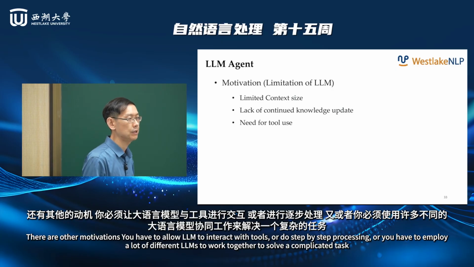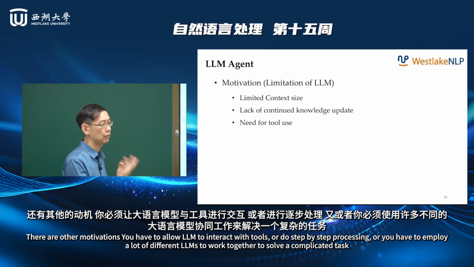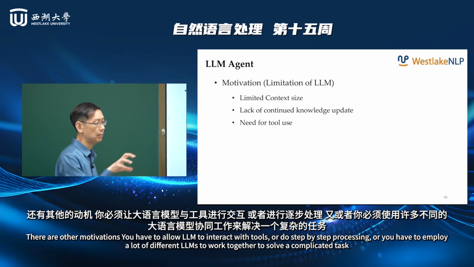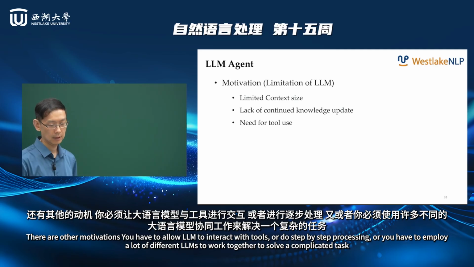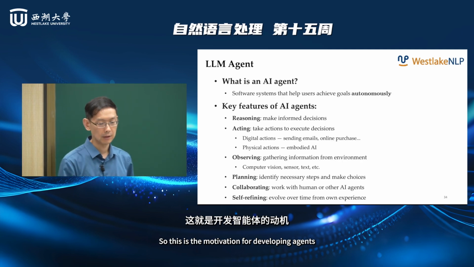There are other motivations. You have to allow LLMs to interact with tools or do step-by-step processing, or you have to employ a lot of different LLMs to work together to solve a complicated task. So this is the motivation for developing agents.